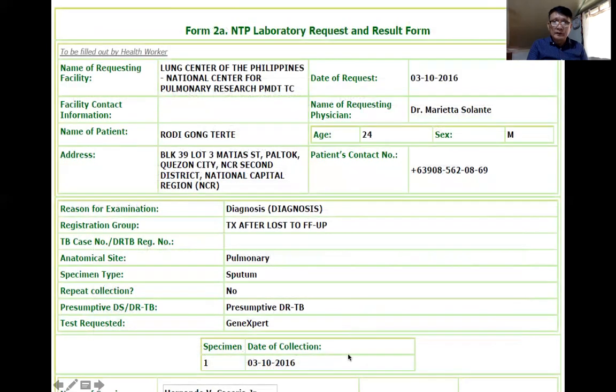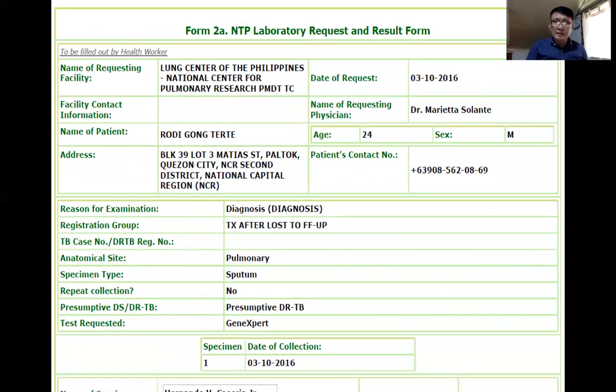So this NTP lab request result form, if you're familiar with it, is coming from our ITs. When you encode in the ITs, it looks somewhat the same as our hard copy of the NTP lab request form.